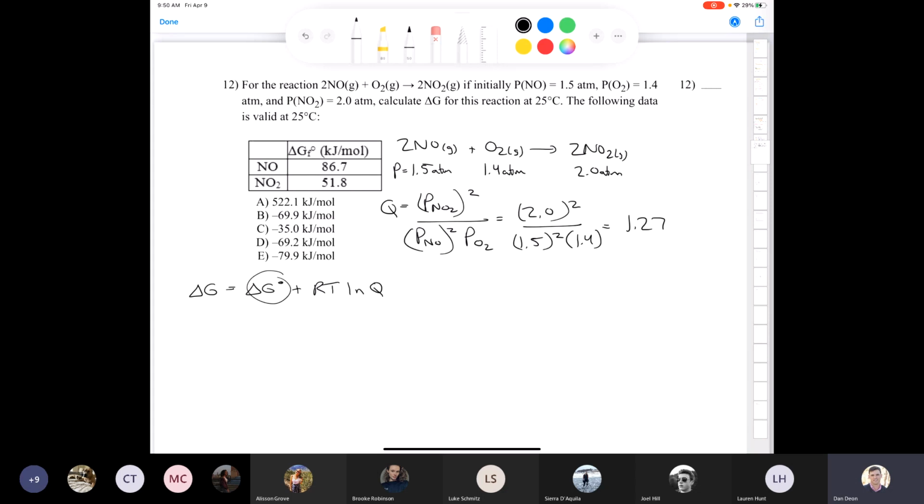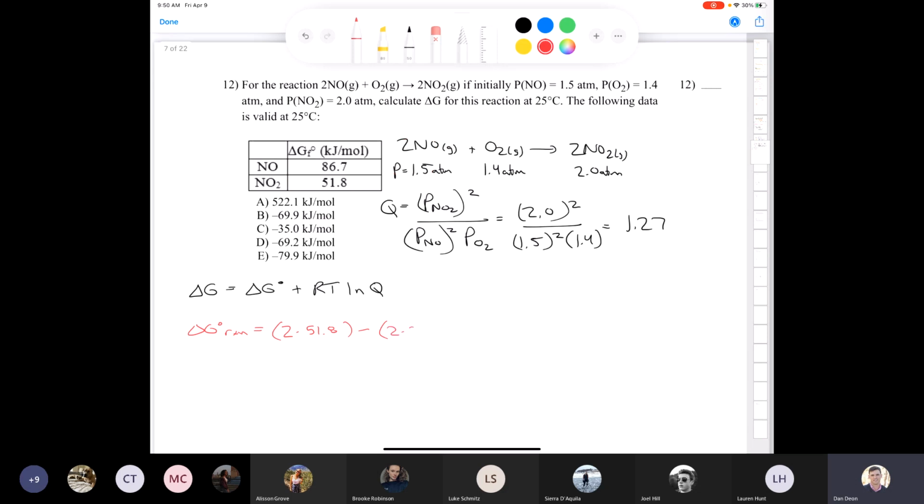Next, I need my delta G naught value, don't I? I've been given delta G of formation values. So my delta G naught for this reaction is going to be equal to the delta G of formation of the product, NO2, multiplied by its stoichiometric coefficient. So I have 2 times 51.8, subtract the delta G of formation of the reactant, NO, multiplied by its stoichiometric coefficient.